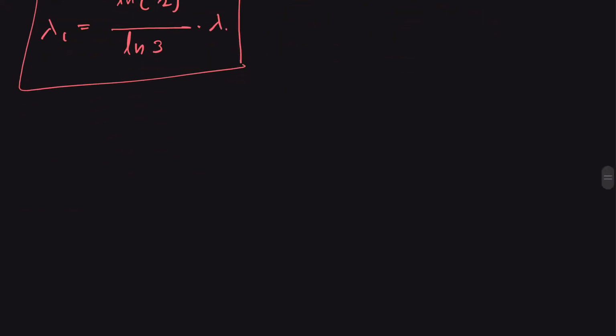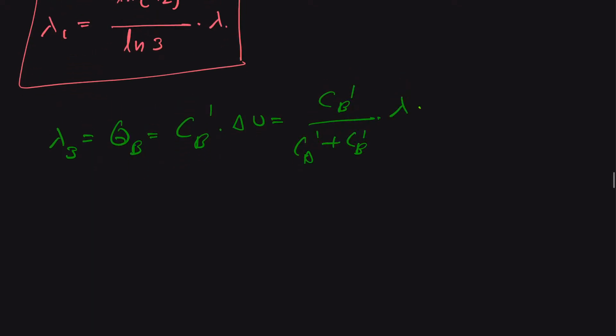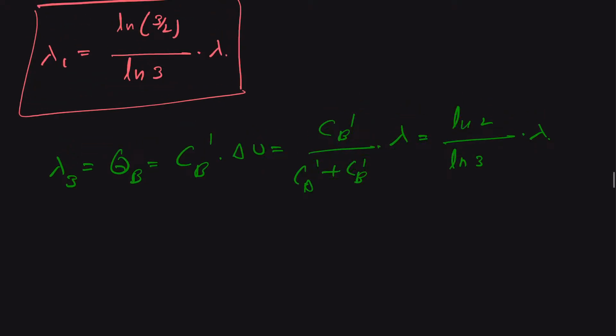Similarly, we can write for our shell number 3, lambda 3 will be equal to our QB, and this we get our CB prime times delta V. So this is CB prime divided by CA prime plus CB prime times lambda. Okay. So similarly, I'm just going to write the result directly. Natural log of 2 and natural log of 3 times lambda. So we got the respective charge densities on our shell number 1 and shell number 3.